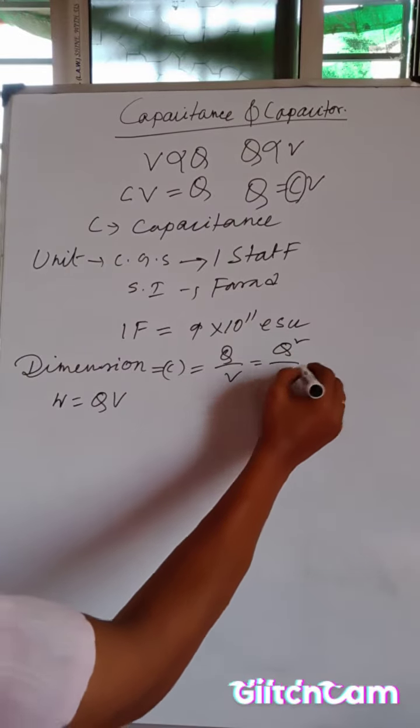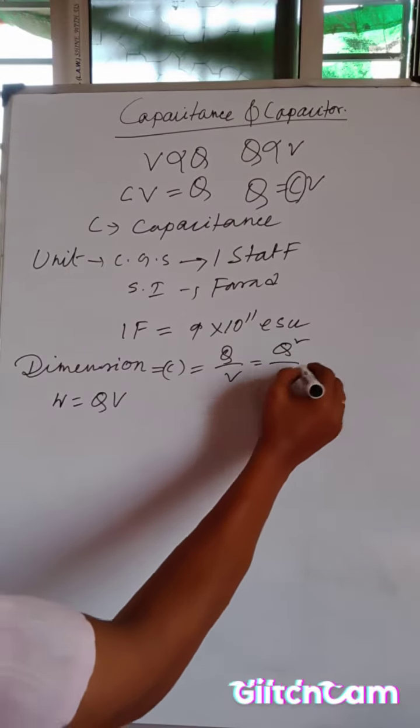Suppose at any instant the charge q already exists in the conductor, and the potential is V, so q equals CV.